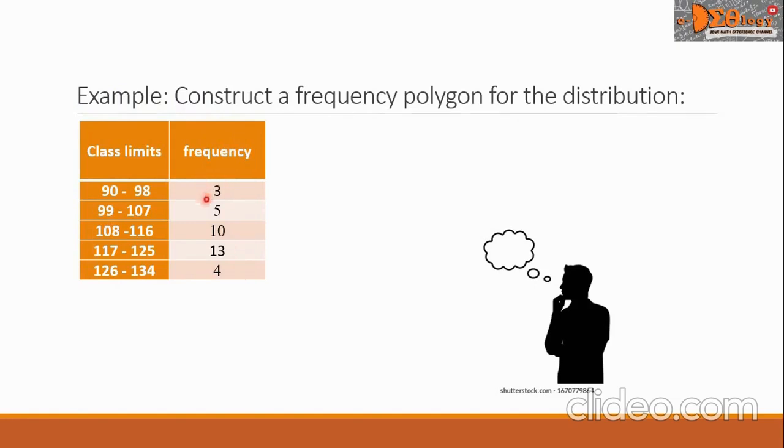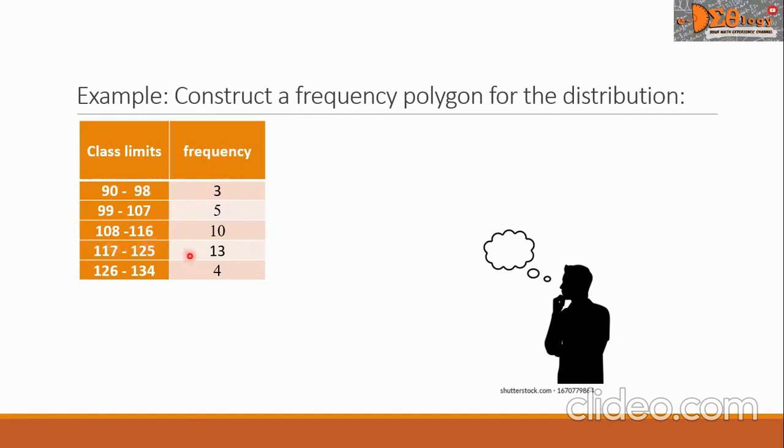A frequency of 3 for the class 90 to 98. A frequency of 5 for the class 99 to 107. A frequency of 10 for the class 108 to 116.